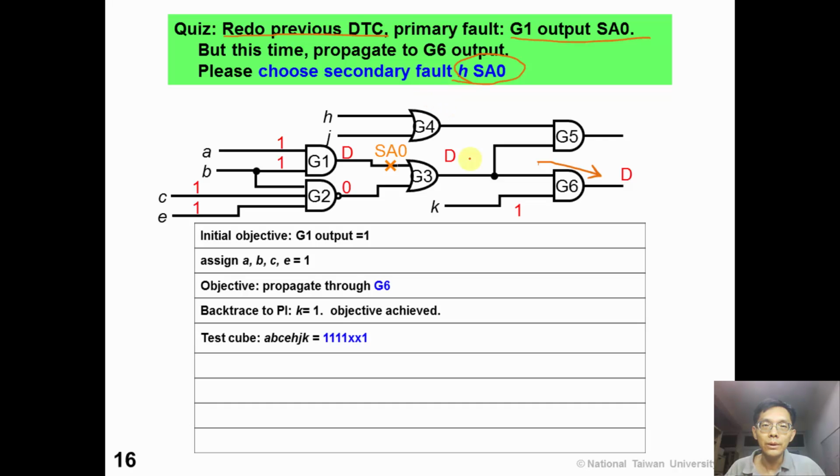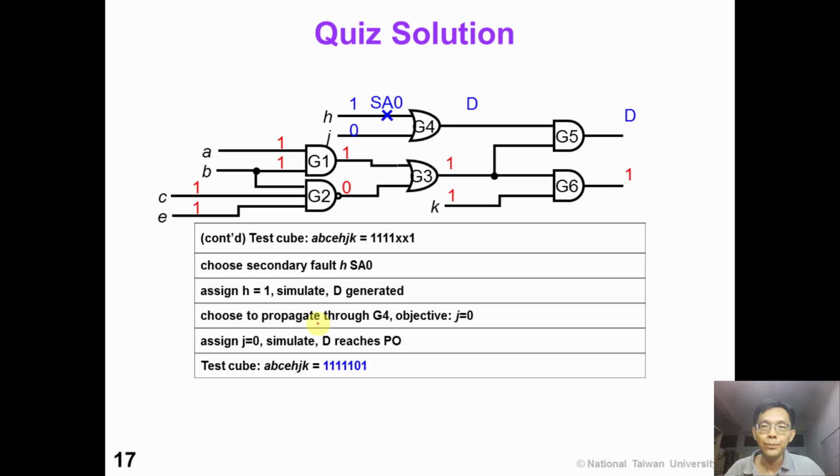Are you ready for the answer? Now let's look at the answer. For the primary fault, suppose that we already generated a test cube 1111XX1. Now we move on to the secondary fault. Our objective is H equal to 1.